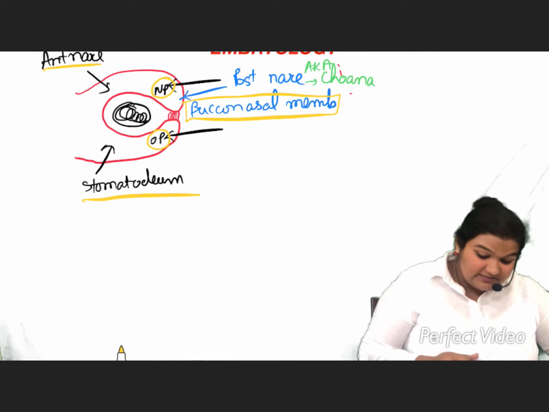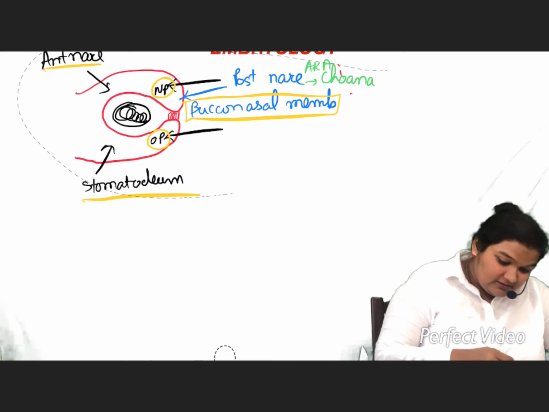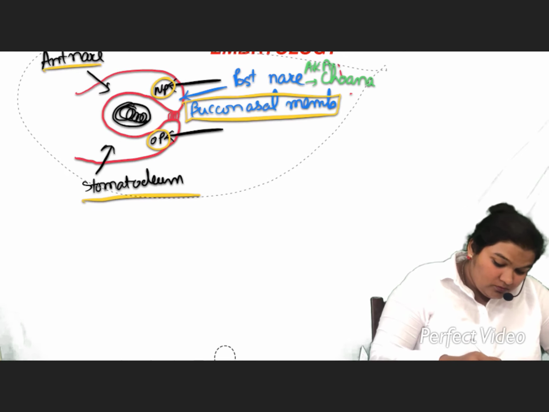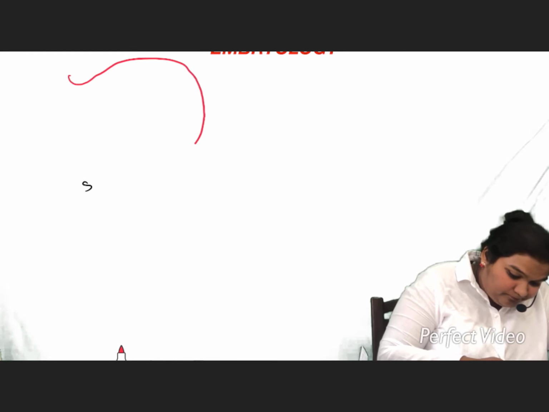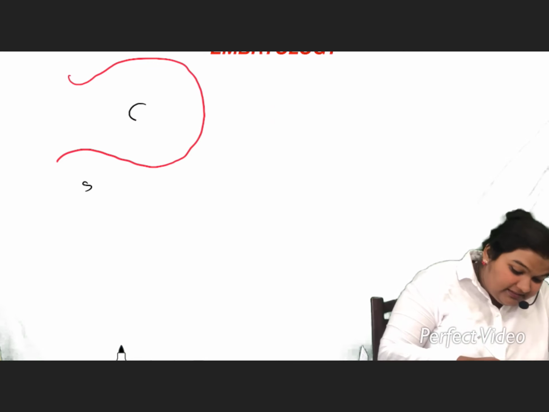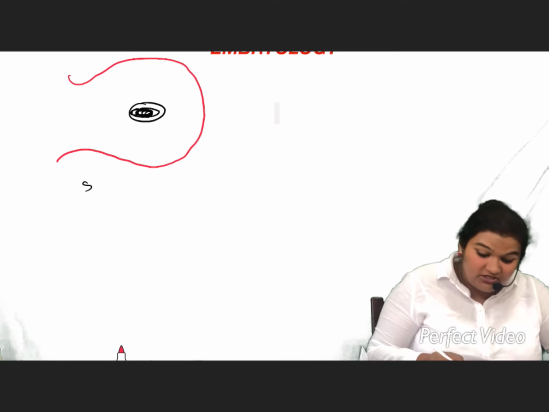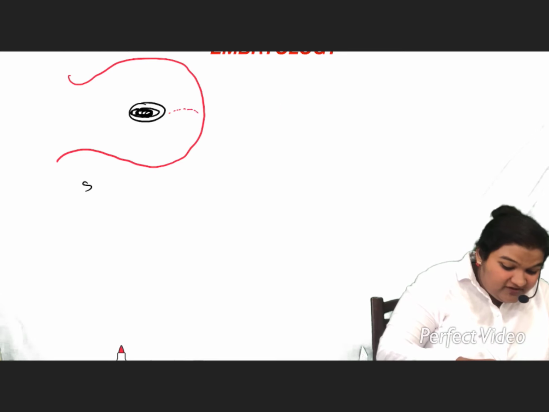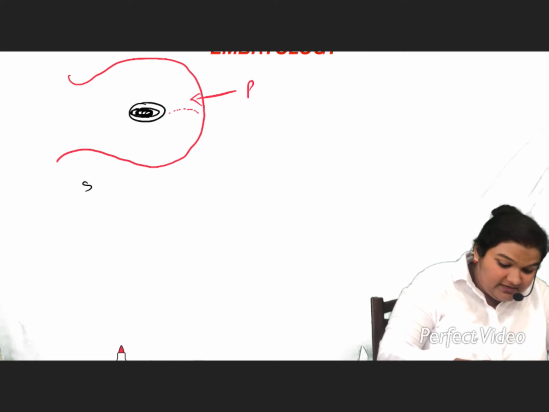Now what happens? These pouches merge, and this is the primitive streak. And here we have the posterior nare.